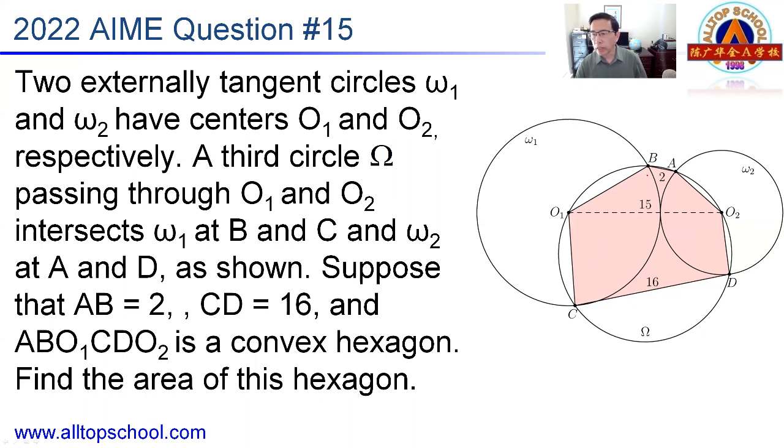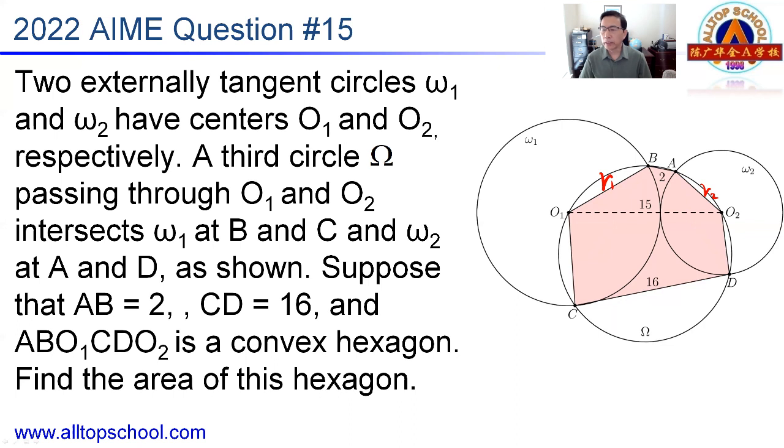You're probably wondering, can we find the area on the top, A, B, O1, O2? We know the two top sides, and then the two legs, one is the radius, let's call it R1, the radius one, the other R2.